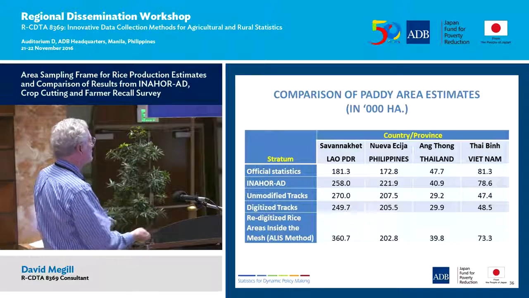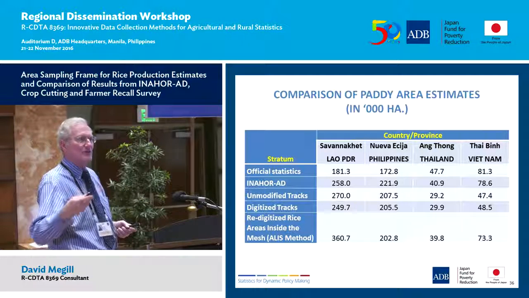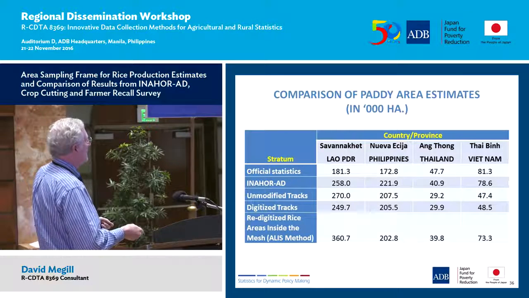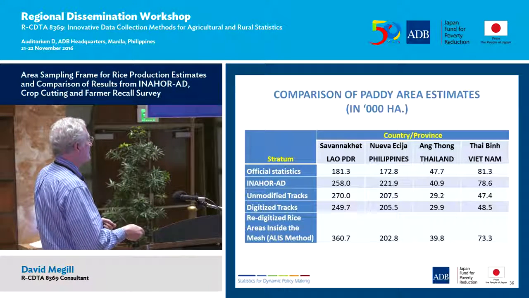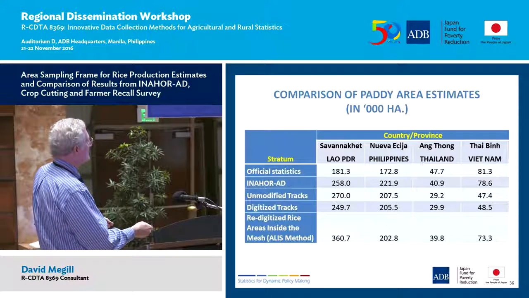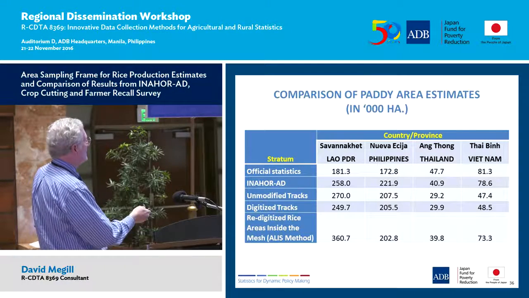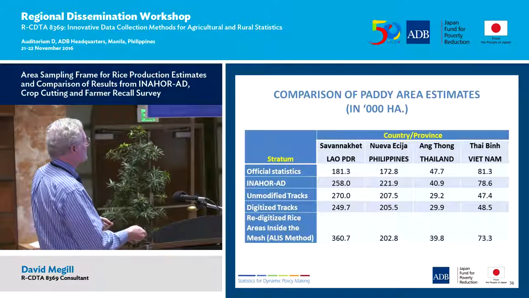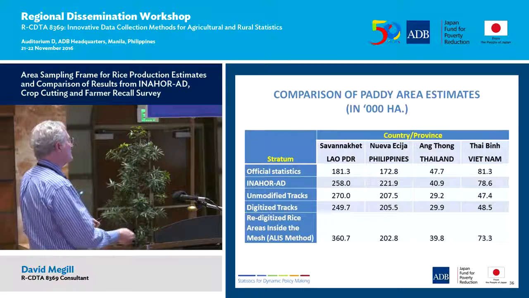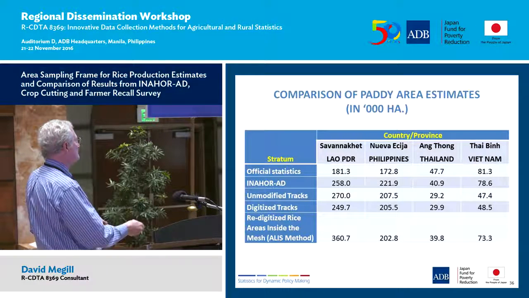Now, the official statistics come from whatever source in each of the countries, okay, the Ministry of Agriculture or the other source of data for the total area. This is in thousands of hectares, okay, in each of these specific provinces. So this is an important part of the evaluation also.